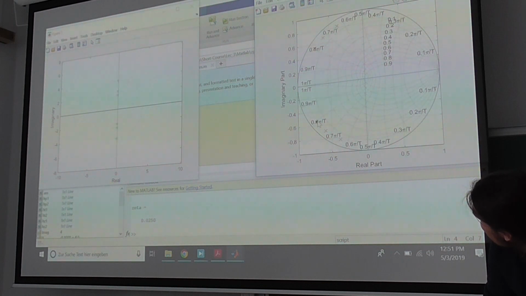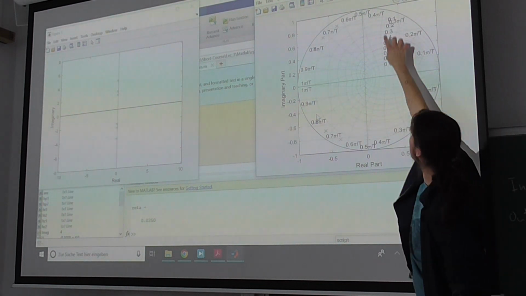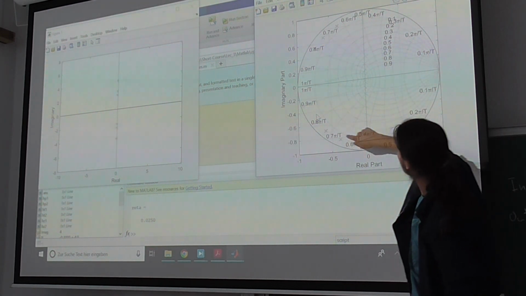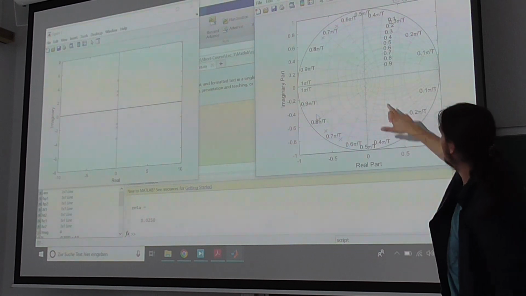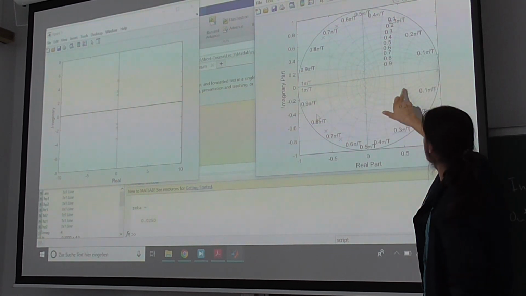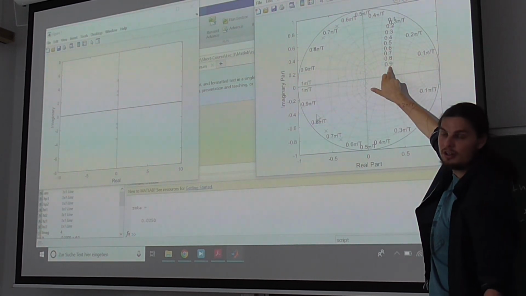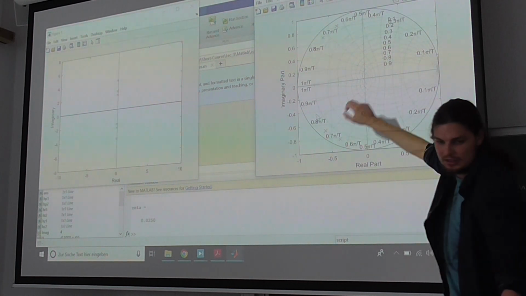So now I moved this one quite a bit up to here, and this one from 0.8 down here. And these lines here that we see, they tell you how fast the eigenvalue is. You see this? These here tell you how fast it is. And these tell you how well damped it is. These are your damping coefficients.